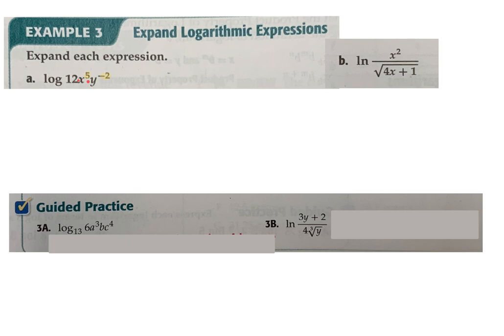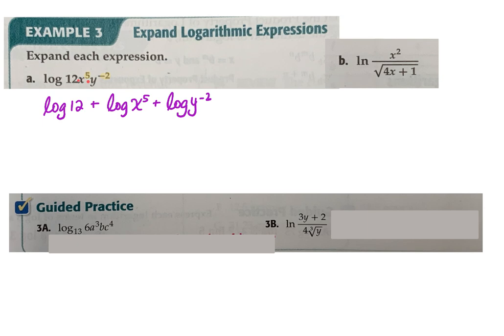So let's look at these. I can break up my multiplication how? With what? Multiplication breaks up using addition. So I'm going to say log of 12 plus log of x to the 5th plus log of y to the negative 2. All right?